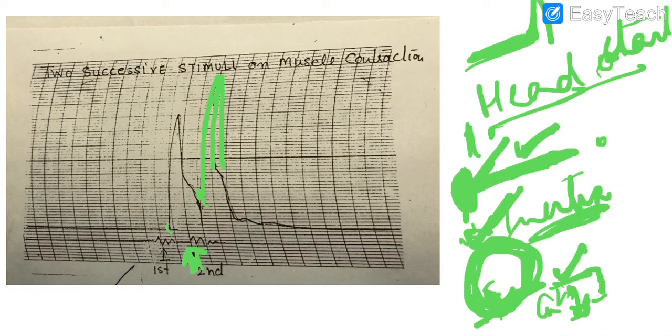The examiner will always ask you, what about the refractive period? Refractive period is already during the latent period, right? The examiner might ask you, if the second stimulus falls during the latent period, there won't be any additional response.